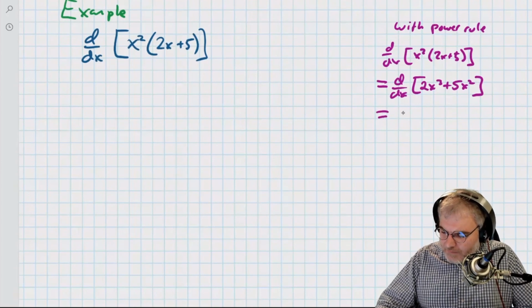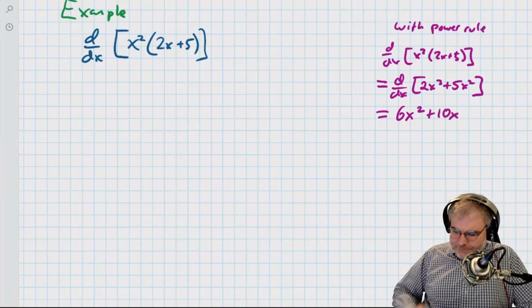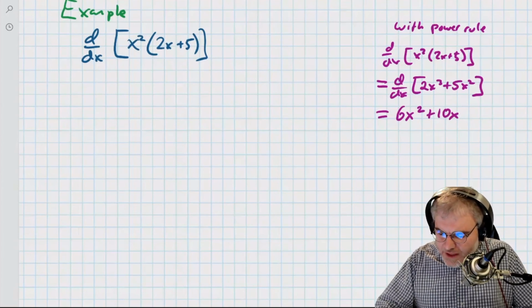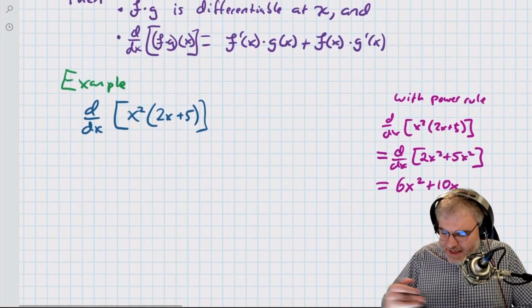Equals, okay, now I'm just going to evaluate the derivative. That's going to be 6x squared plus 10x. Now, let's look at this new rule that we have here. And the reason I want it is because I don't always want polynomials. So I can do things with like sine and stuff.